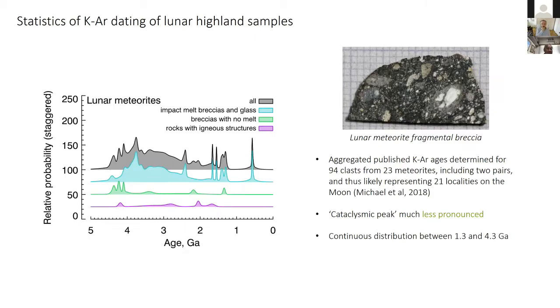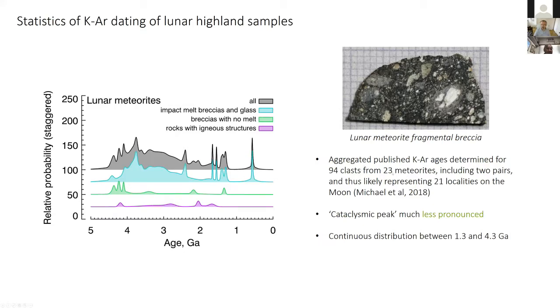Okay, the other source of samples that we have from the moon are the lunar meteorites. And you see in the picture here on the right, this is a similar picture. This is a lunar meteorite fragmental breccia. You see it's got a very similar kind of mixed structure to the one we saw before.